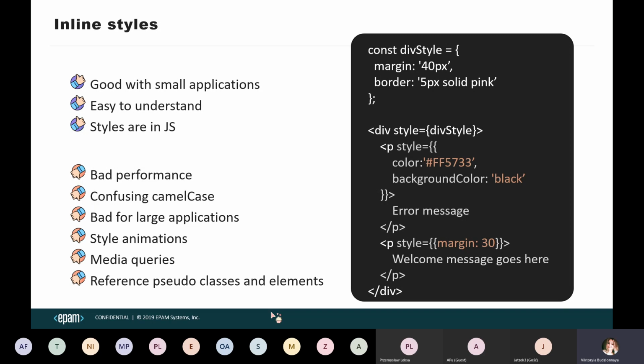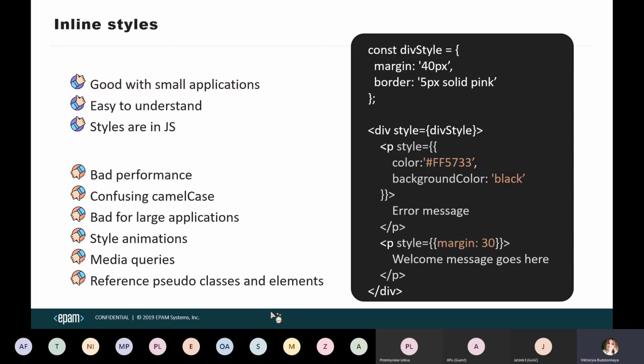In React applications, the same situation: it's not really popular in development either. But it has some pros as well. It's good with small applications, it's easy to understand, and you have styles in JS.